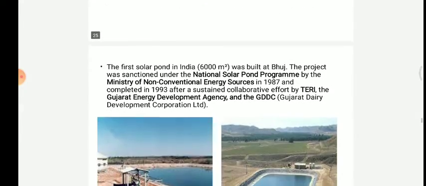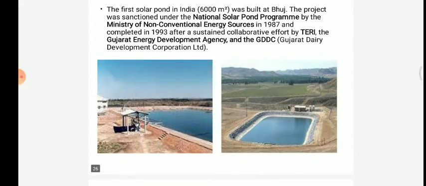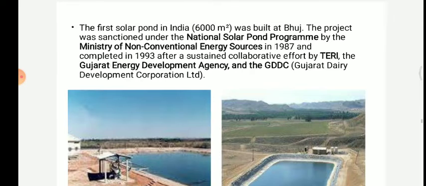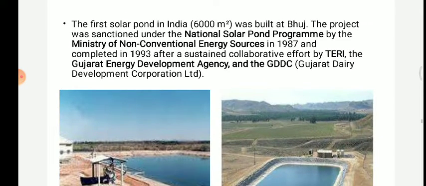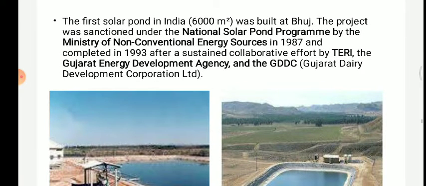Okay, so these are the solar ponds which are available in Gujarat. The first solar pond in India was built at Bhuj, the first Indian solar pond, and its area is up to 6,000 square meters. So these are very high surface areas.